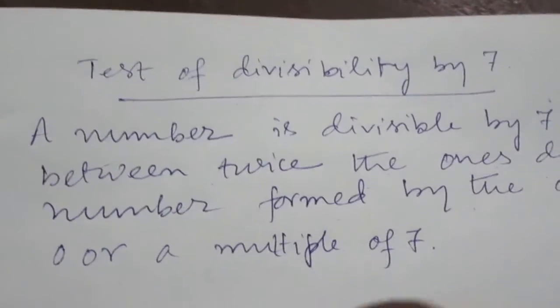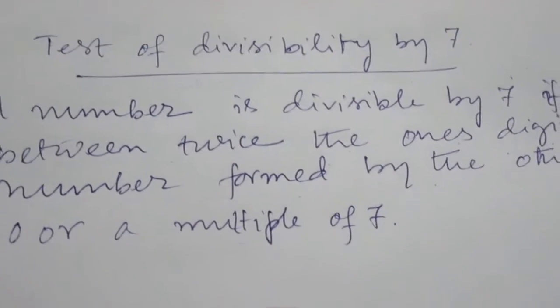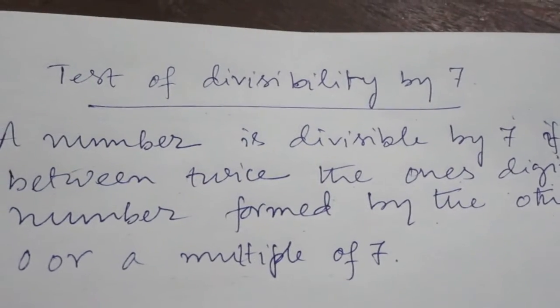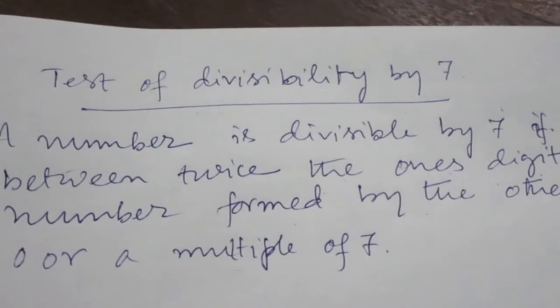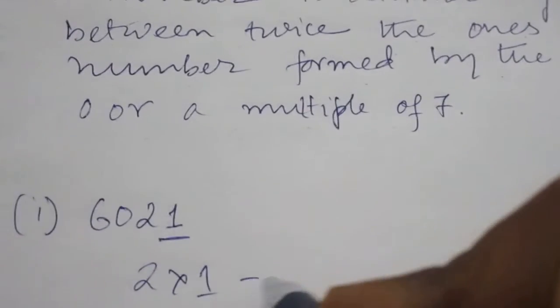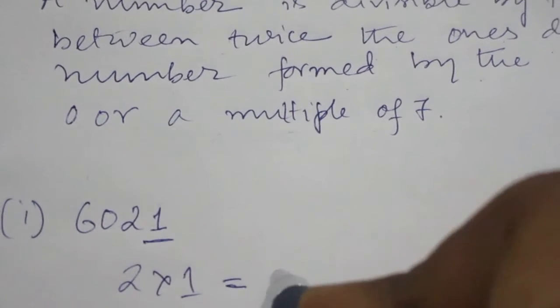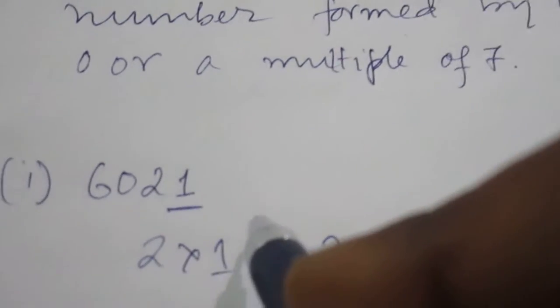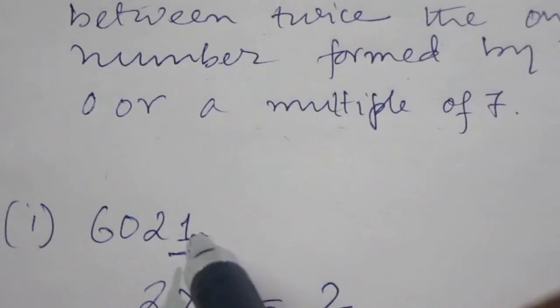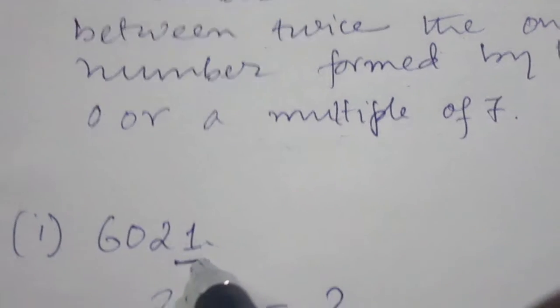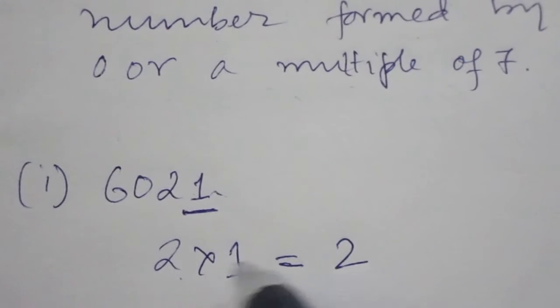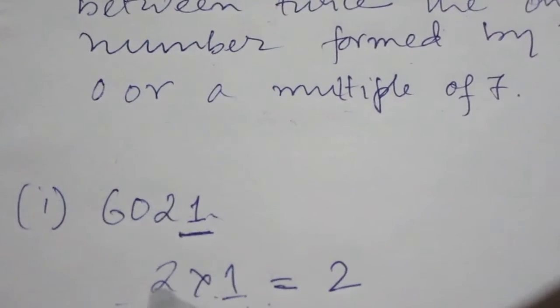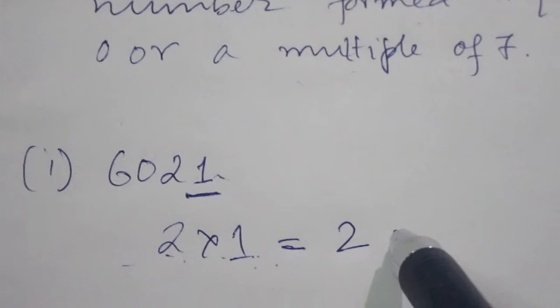So what is twice the ones digit? Twice the ones digit is 2 into 1, which is equal to 2. Twice means we have to multiply the ones digit. What do we have in the ones digit? We have 1. So 2 into 1, because we have to find twice. So twice means 2 into 1 is equal to 2.